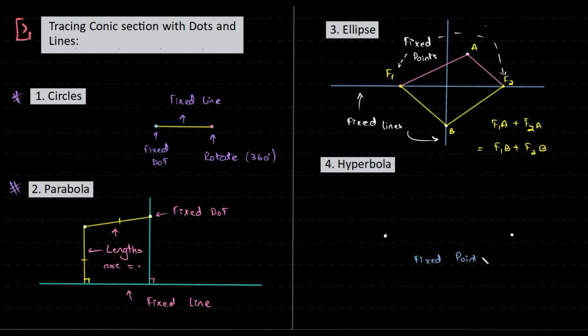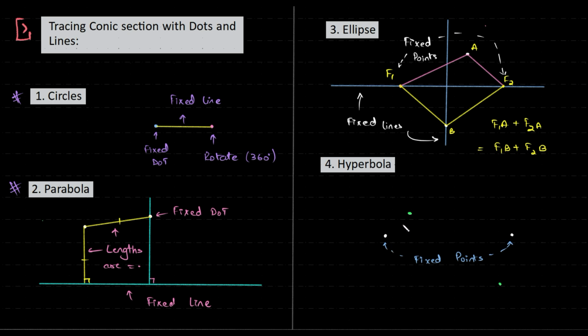Those are your fixed points. Then any point on either of these loops, say I'll take this in a different color, and say take this. See, they're part of your hyperbola.